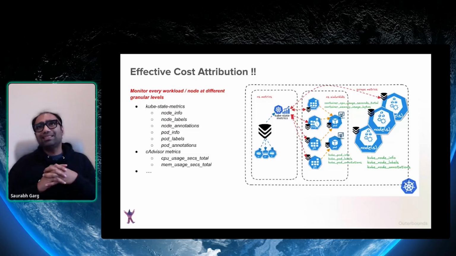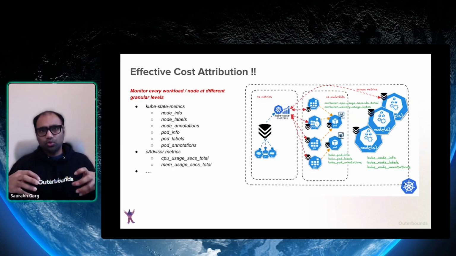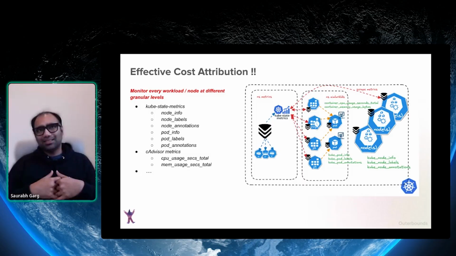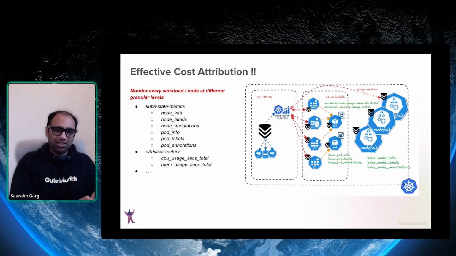There's still one problem that remains, which is that given multiple workloads do share compute, there is always the conversation around how do you allocate the attribution, how do you attribute the cost of the node to a specific workload, what percentage goes where.